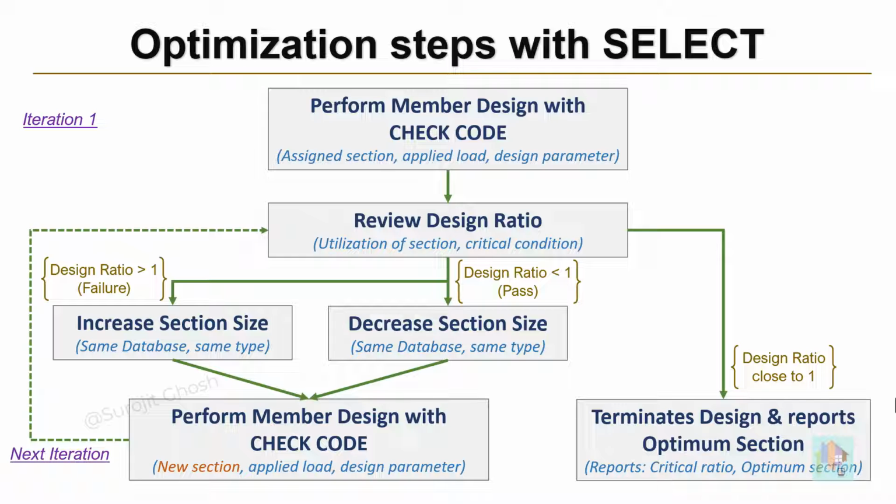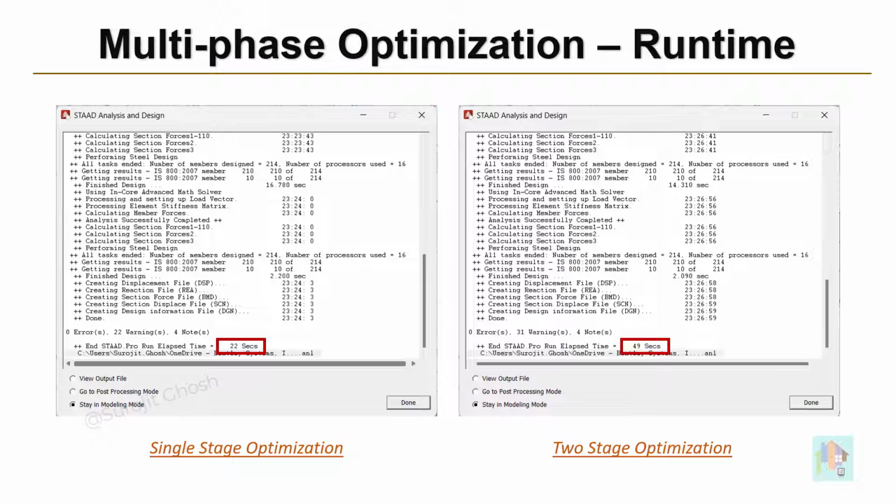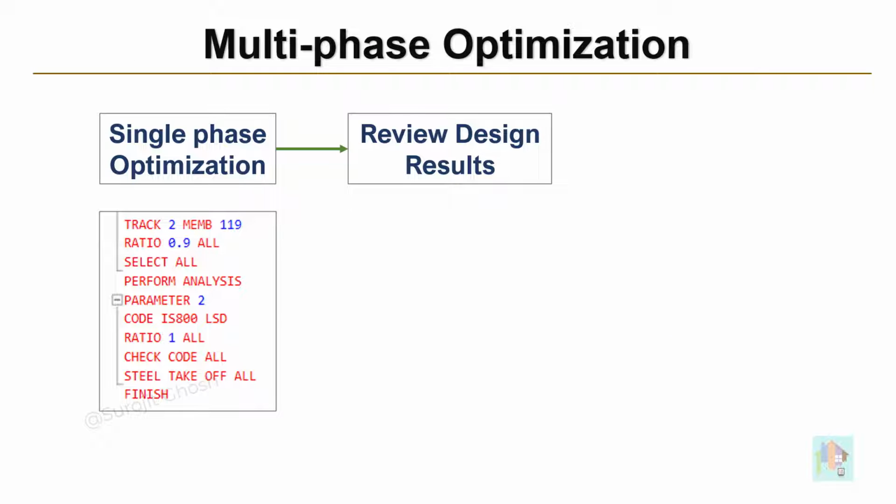Multiple select command further increase the overall analysis time. I have compared analysis time of this STAAD model, and the time difference of one stage and two stage optimization is around 30 seconds. For a large model with thousands of members and load case, the time difference will be high. So we need to select the level of optimization carefully.